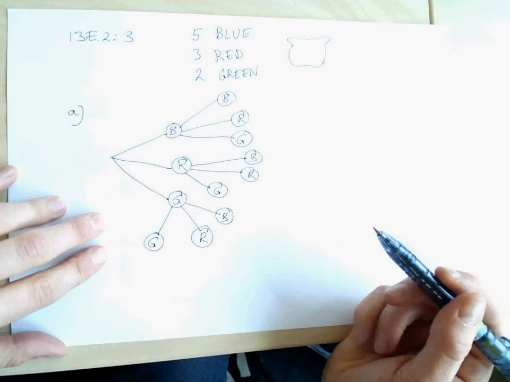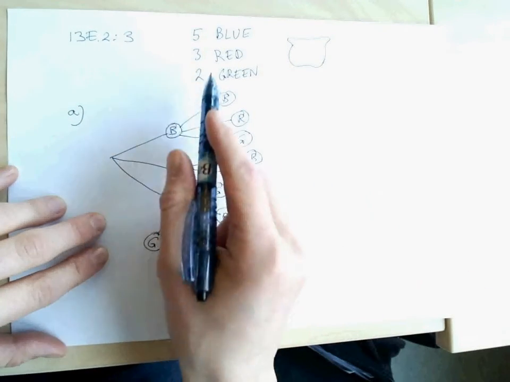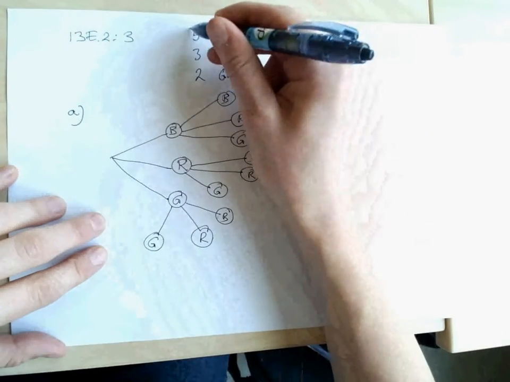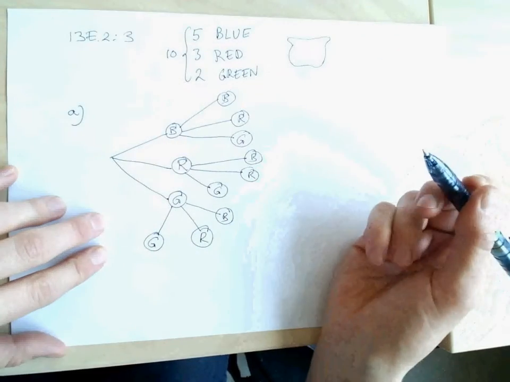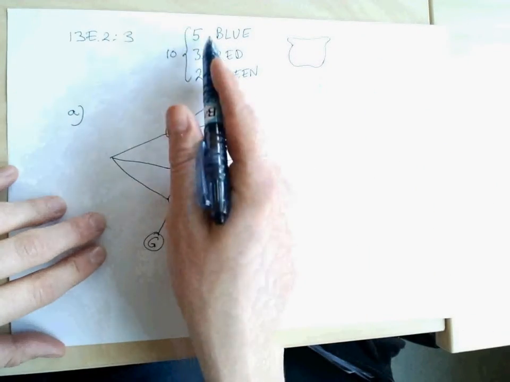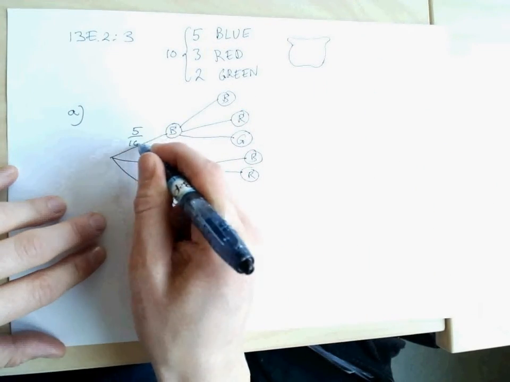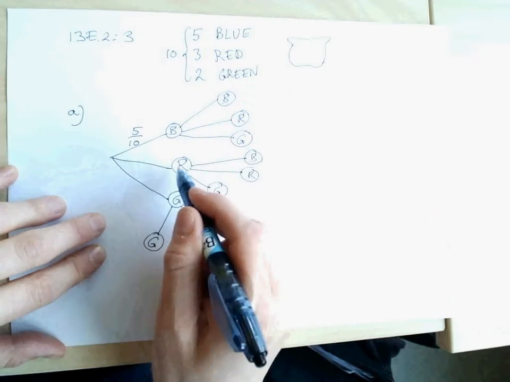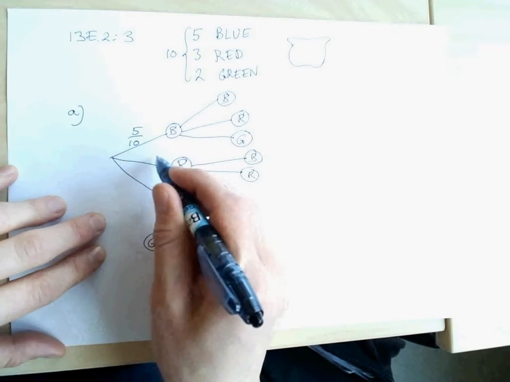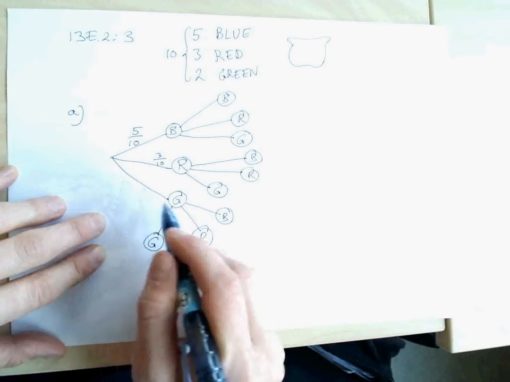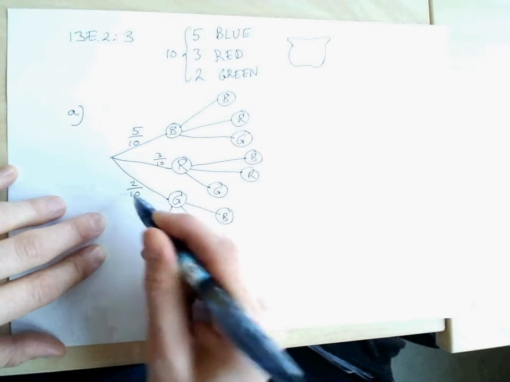And the probability first to get a blue one is, well, in total we have 10 pens. So the probability to pick a blue one is 5/10. A red on the first pick is 3/10, and a green on the first pick is 2/10.